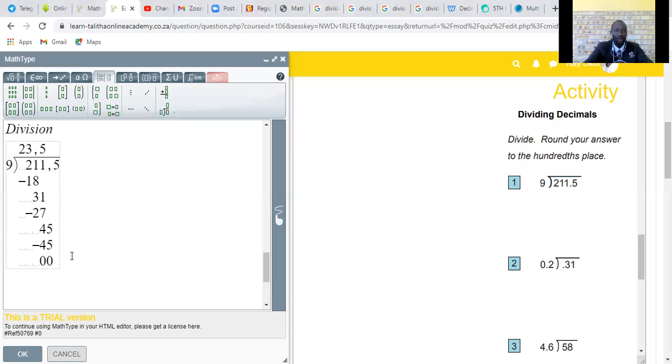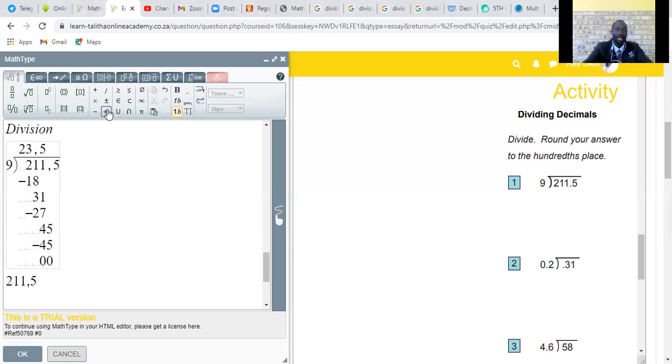Well, how do we conclude? We then conclude that 211.5, when divided by 9, let's use the sign for division, what we get is 23.5.